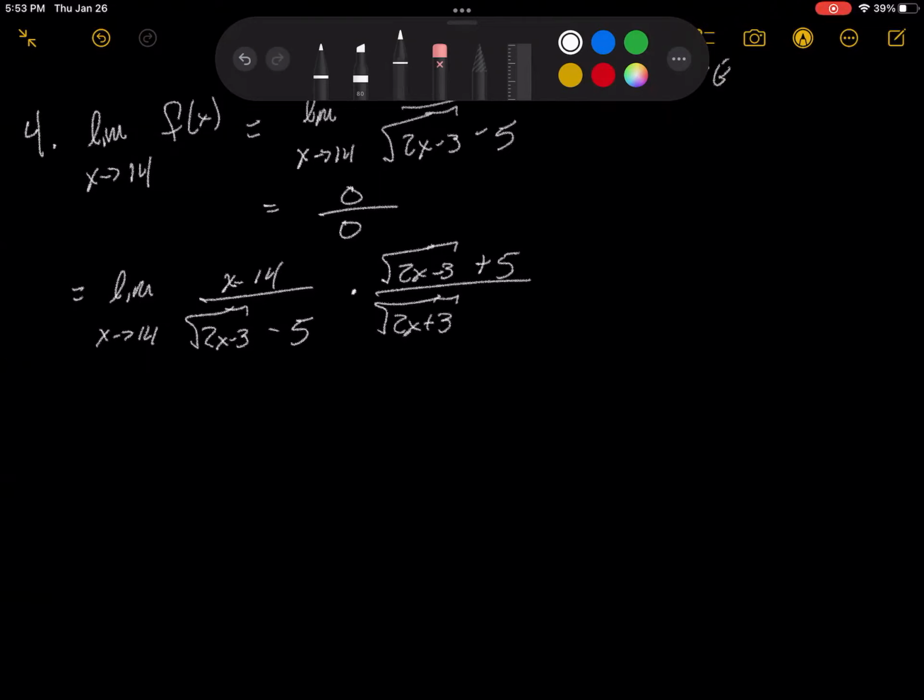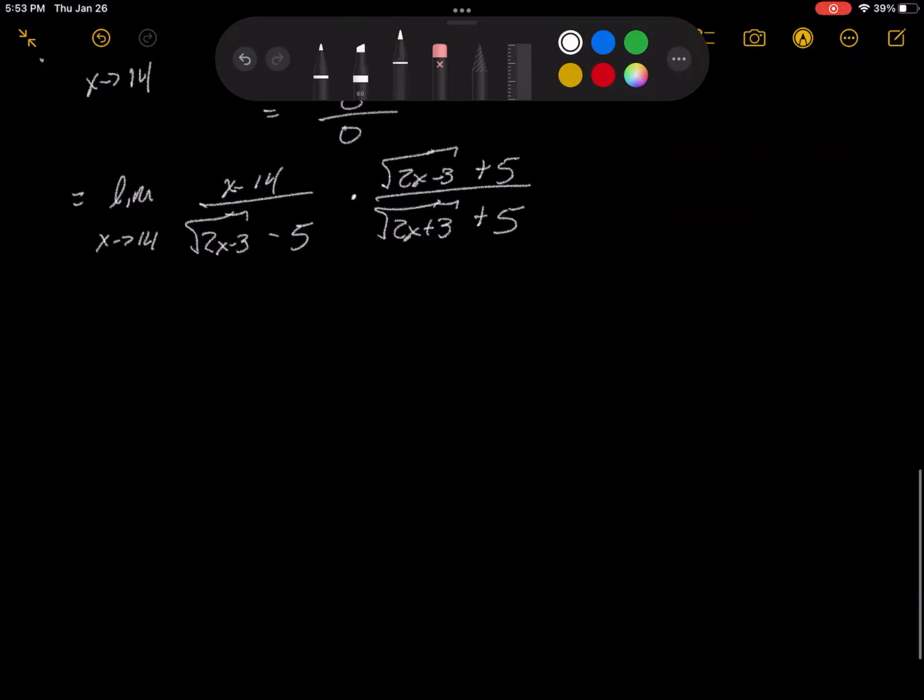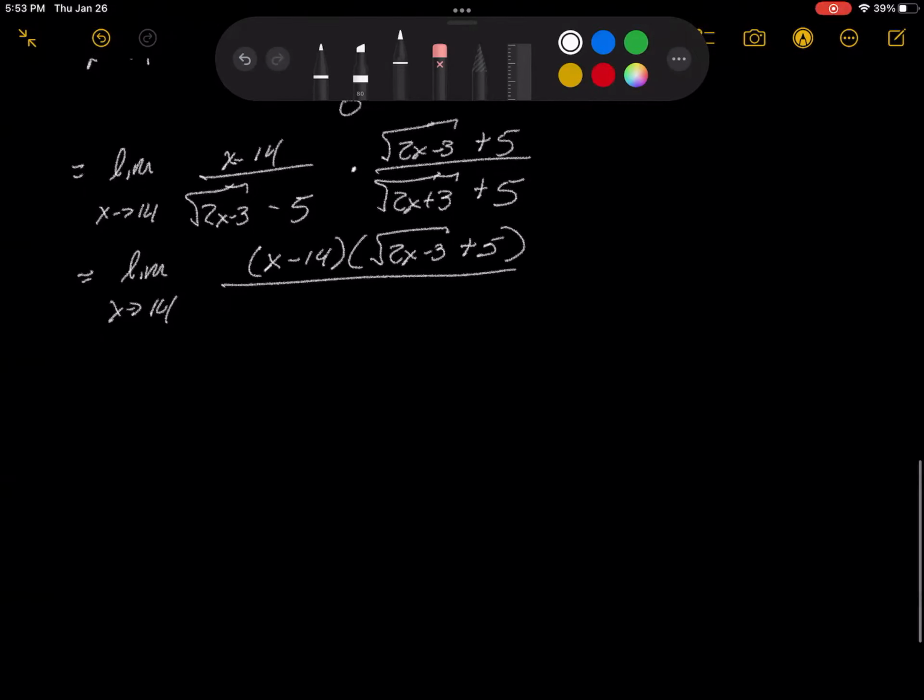If this is going to be equal to 1, it has to be the same thing, top and bottom. And this is multiplying by the conjugate. So I'm going to leave my numerator alone, x minus 14 multiplied by the square root of 2x minus 3 plus 5. But my denominator is going to simplify quite nicely.